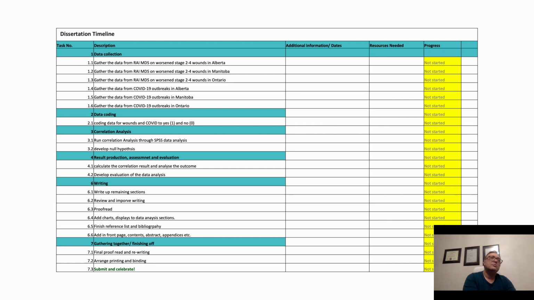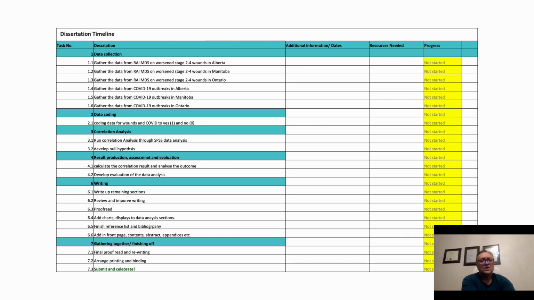The variable data in here will be the COVID-19 outbreak, because it could be either 0 or 1, either yes or no, and the independent variable will be the number of wounds that happens on each day at the home care services in Canada.